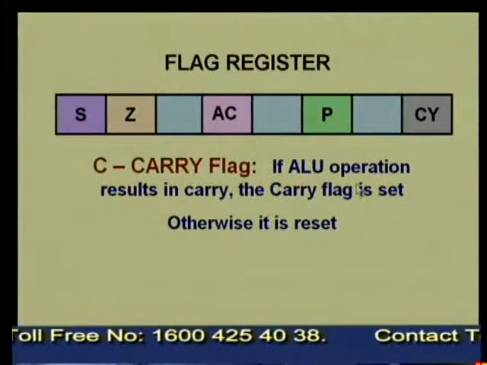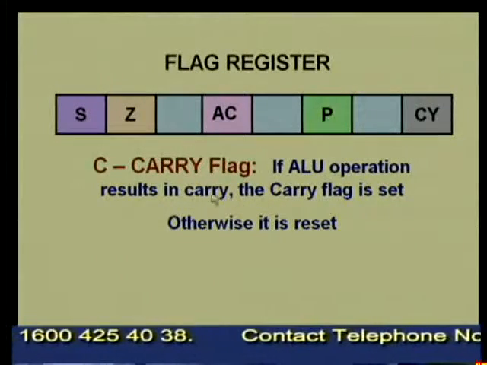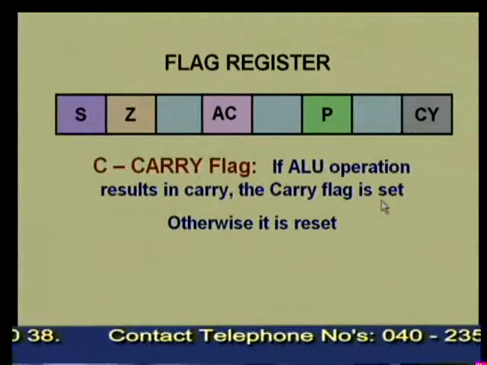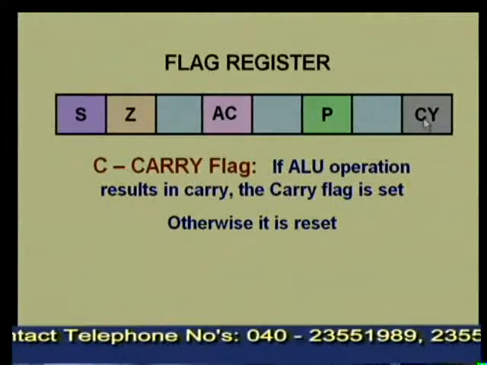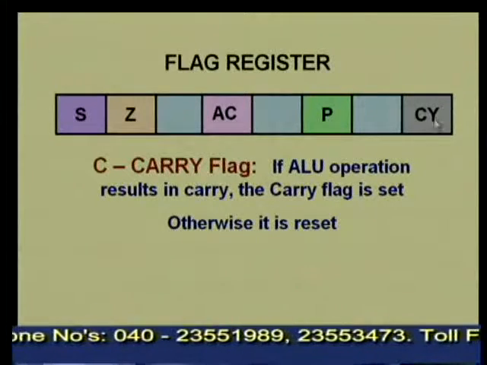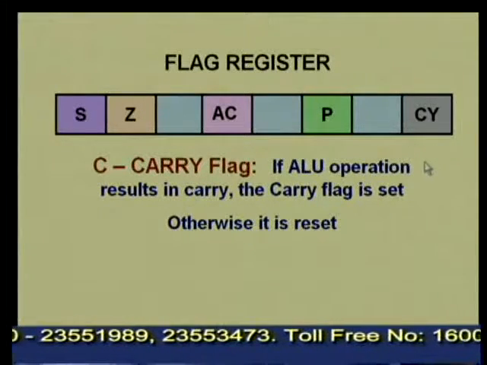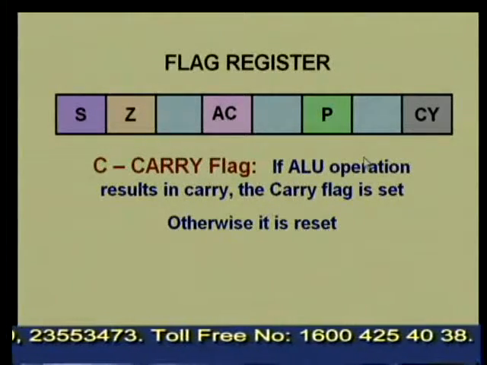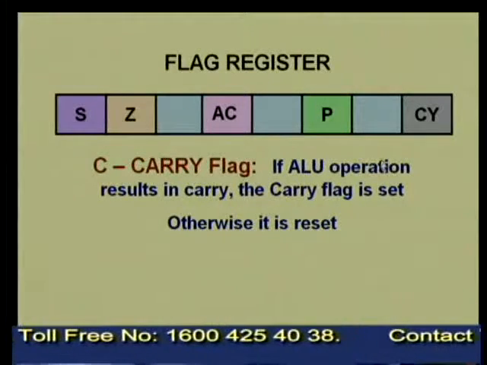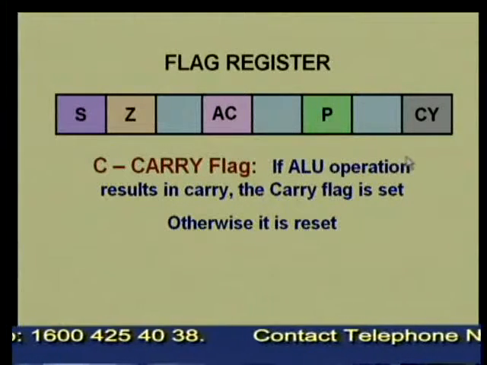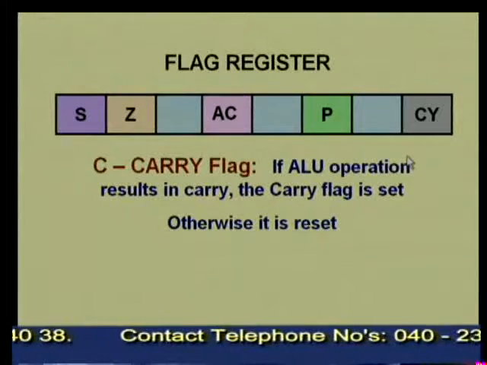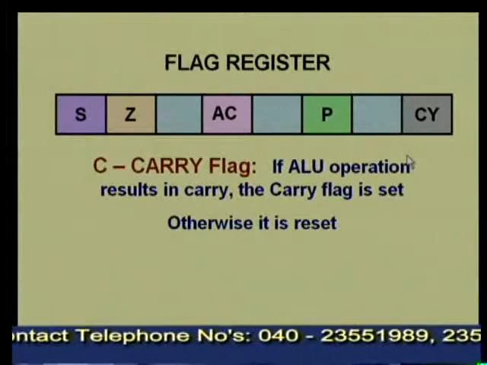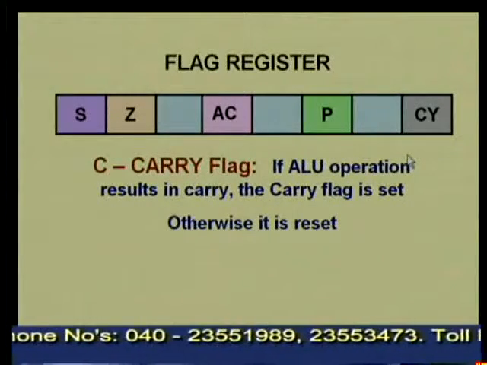The carry flag is set if the arithmetic or logical operation results in a carry from the D7 bit. That is, if you take two 8-bit numbers and add them, and the sum results in 9 bits, that is, there is a carry.